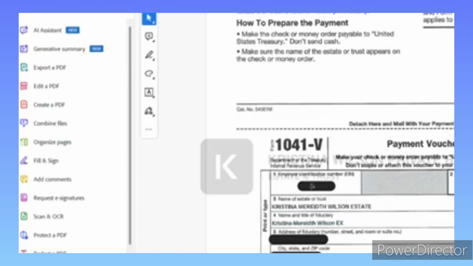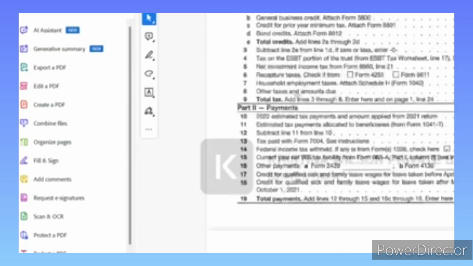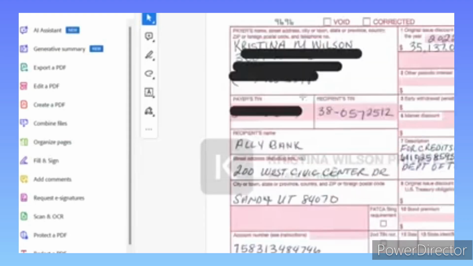So I turned this 1041 voucher, I used it the same way that we would use a debit card to tell the IRS that, listen, she is withholding from me. Okay, but once this money is sent to me, I am going to be facilitating a transaction with Ally Bank. That's what I was saying to the IRS, which was wrong.